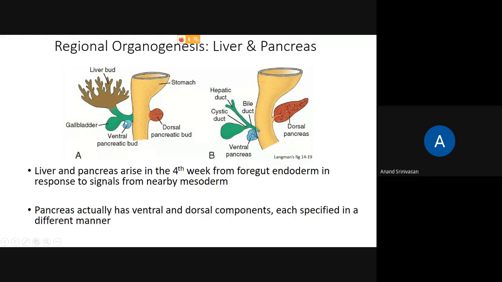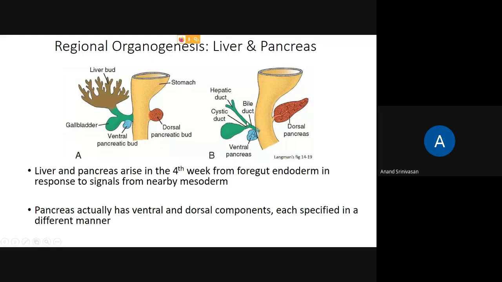Now what happens after this? The ventral pancreatic bud also extends towards the liver, towards the diaphragm, forming the liver. As it extends, there will be a dilatation which forms the gallbladder. Later on there will be a constriction from this gallbladder which forms the cystic duct.